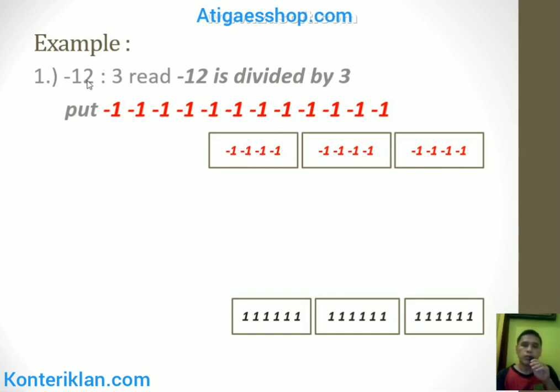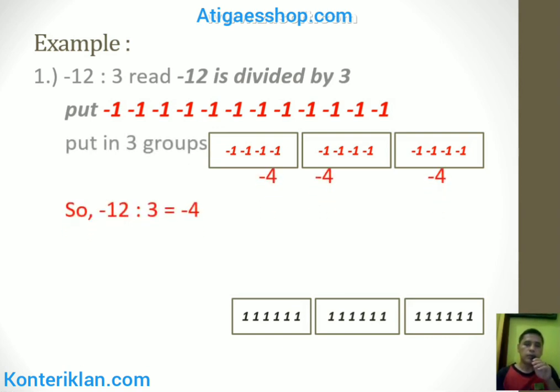So negative 12 divided by 3 equals negative 4. Why negative? Because negative meets positive, it should be negative. So negative 12 divided by 3 equals negative 4.